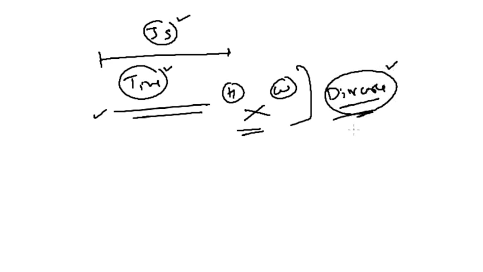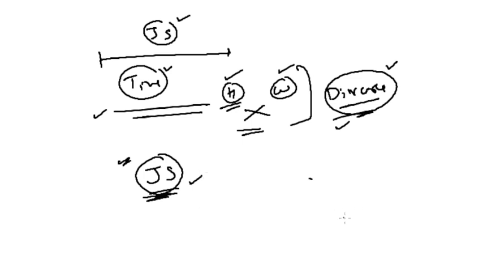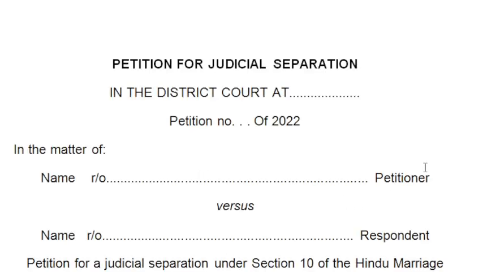There will be certain proceedings going on, and after that court will allow divorce. So we are going to understand how the person, whether husband or wife, can file the petition for judicial separation. Let us understand this format.